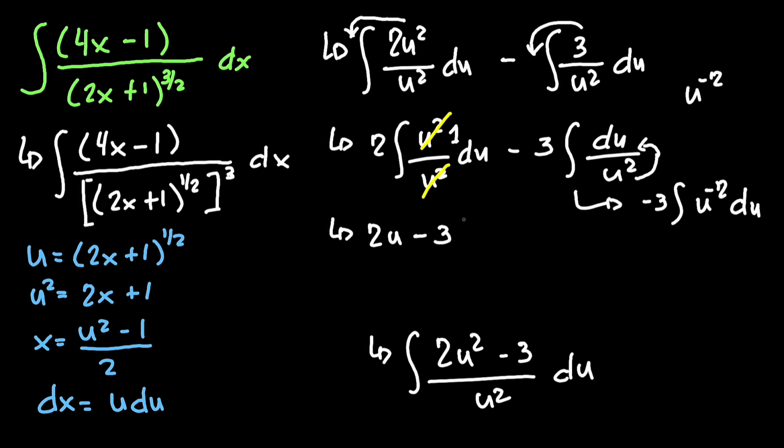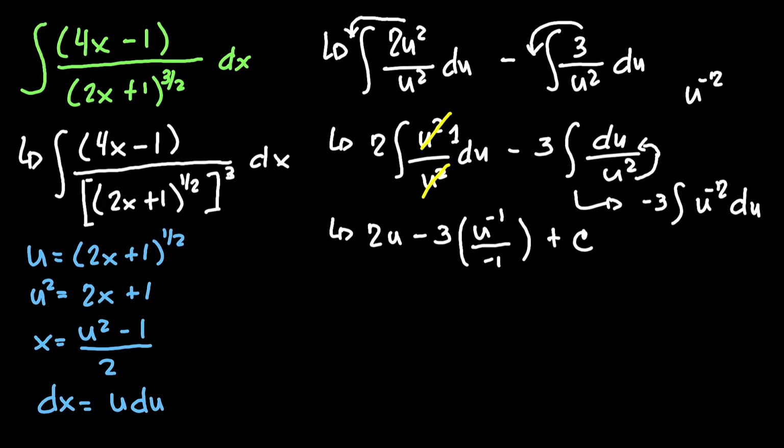And so based on the power rule, it would become u to the negative 2 plus 1, which is negative 1, over negative 1, plus the constant of integration. Simplifying this, it would become 2u plus 3 over u, because since this is a negative exponent, put it below, plus C.